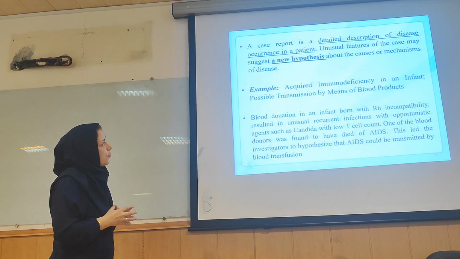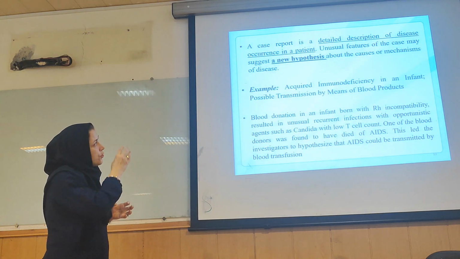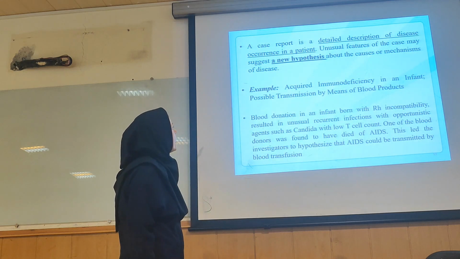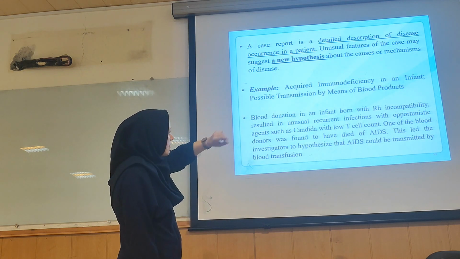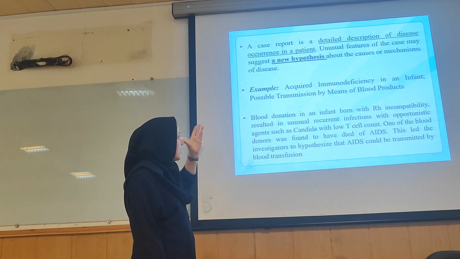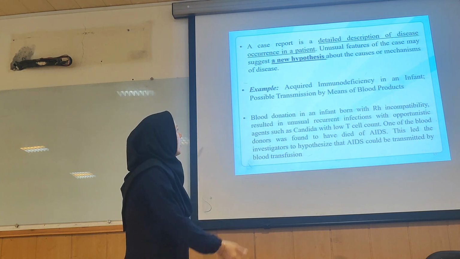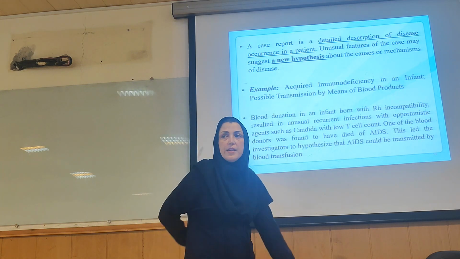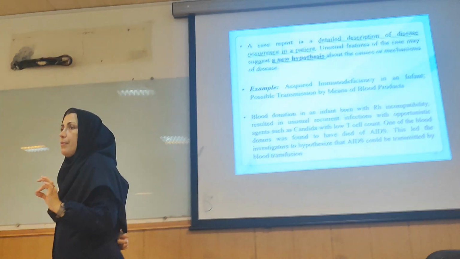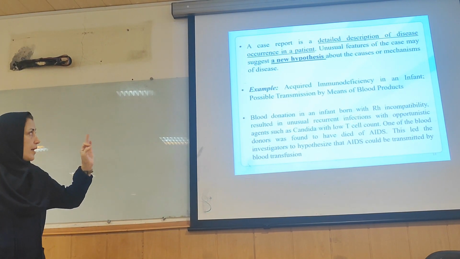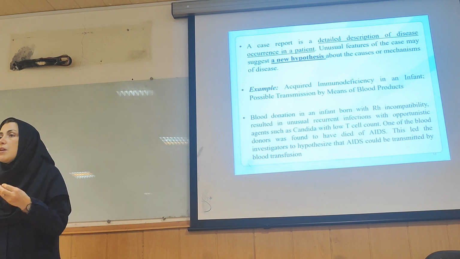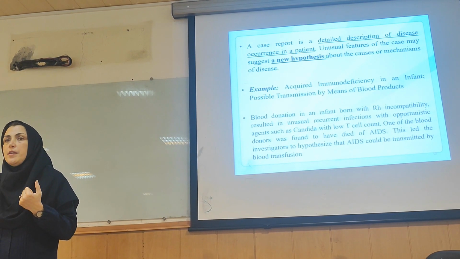In a case report, you report a detailed description of disease occurrence in a patient, and you can provide a new hypothesis about the causes or mechanism of disease. One of the most important examples of a case report is finding the route of transmission in HIV.